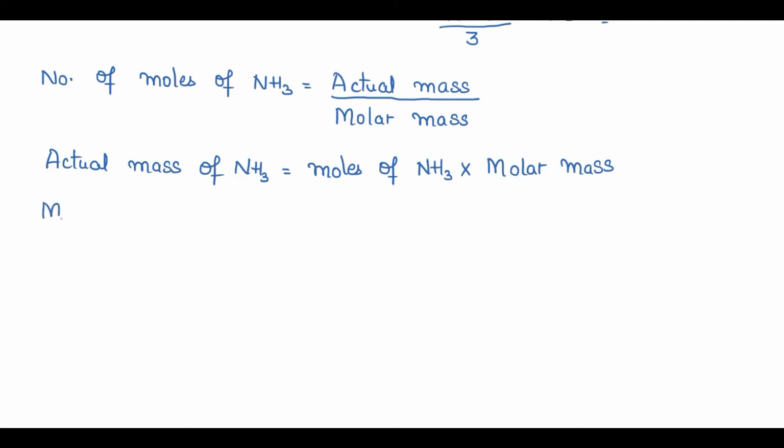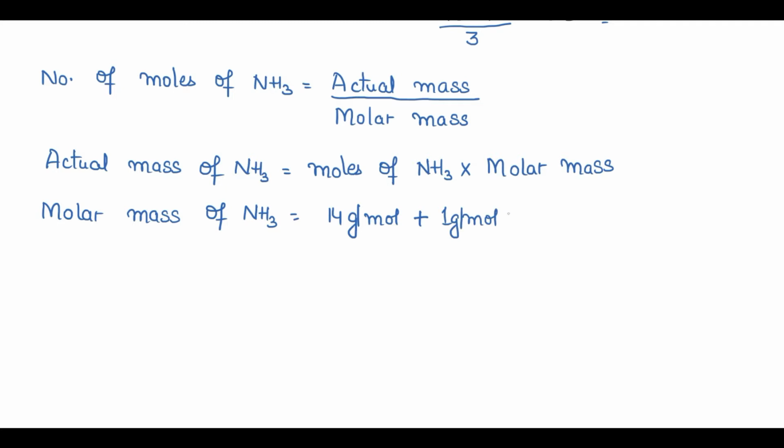So first of all, we'll find the molar mass of NH3. I'll add the atomic masses of nitrogen and hydrogen to get the molar mass. So atomic mass of nitrogen 14 gram per mole plus atomic mass of hydrogen 1 gram per mole.